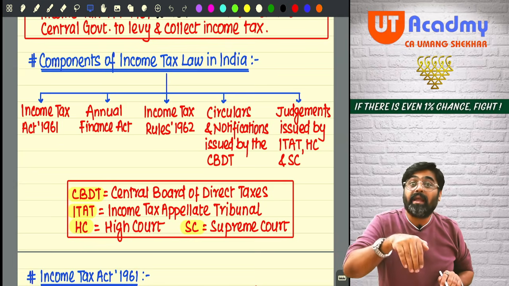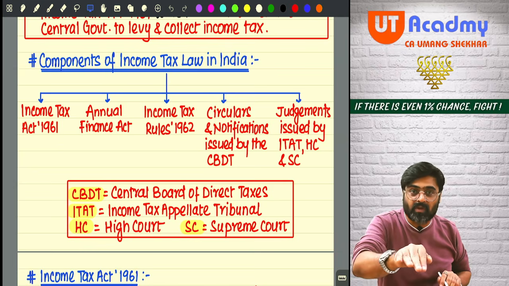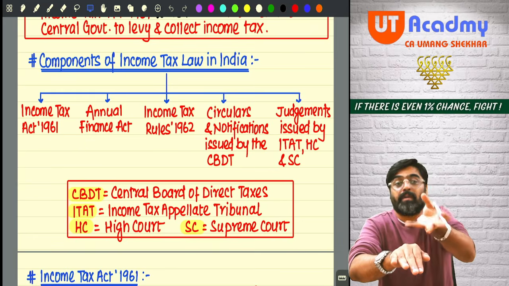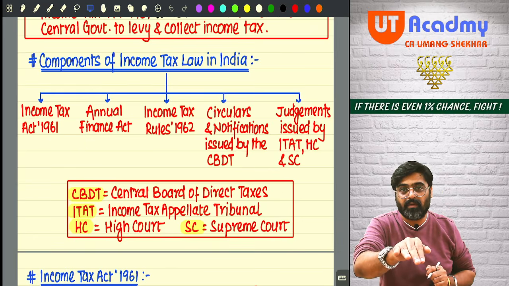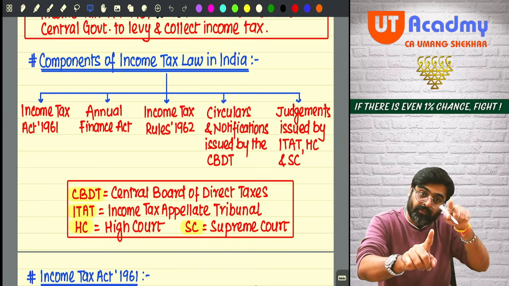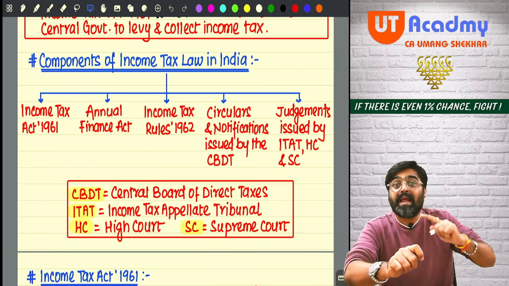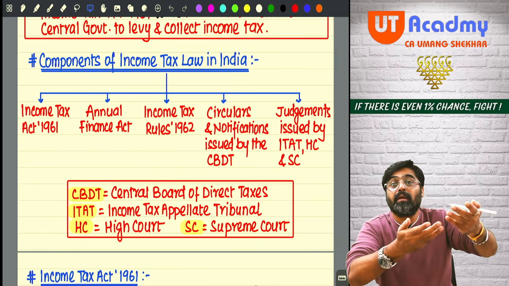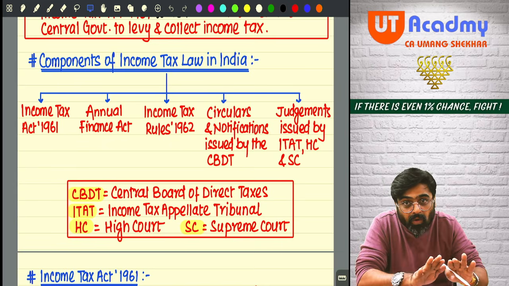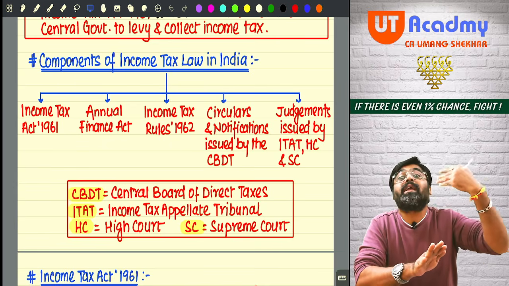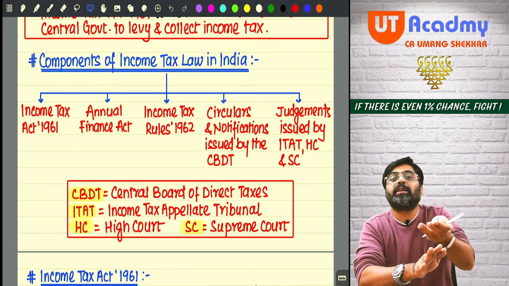Understanding? In some sections we will go through, there will be rules which are made applicable. That section can be followed or given effect only if we follow these rules.